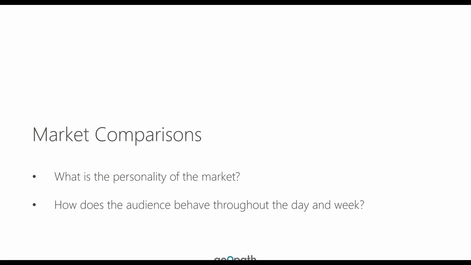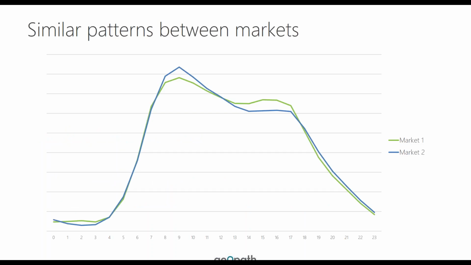First, we looked at the highest level. So we looked at comparing different markets. So you can start to see what's the personality of different types of markets and how do the audiences behave throughout a particular day and particular week when you start to look at the data at this level. So we aggregated two markets that are larger metro markets, and you start to see this pattern here.